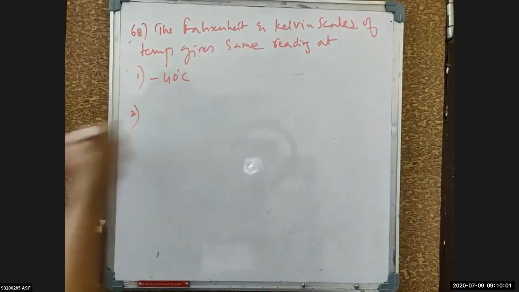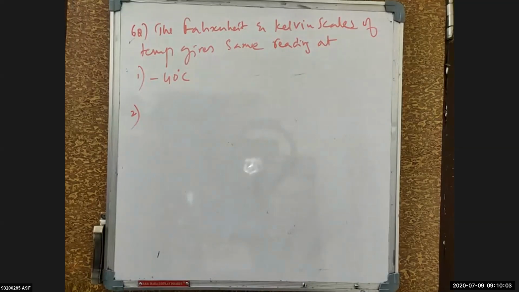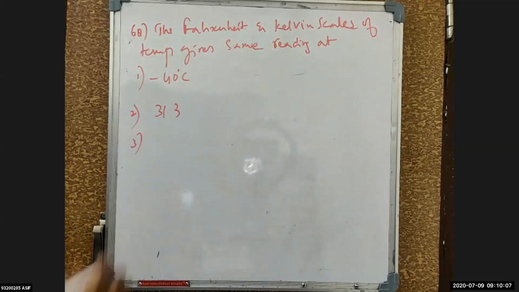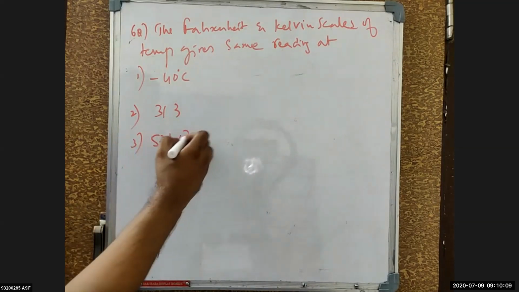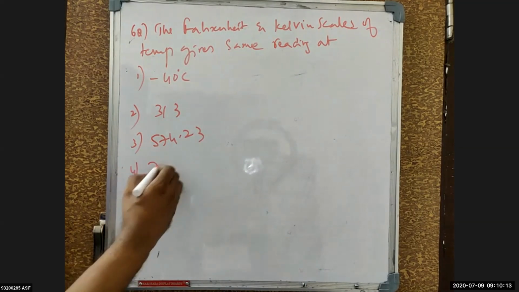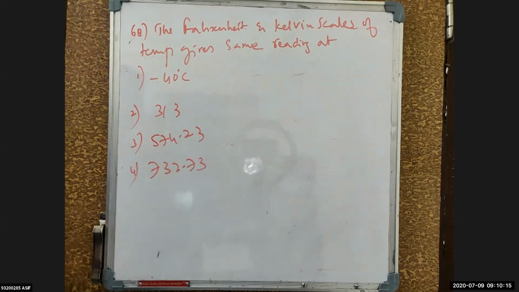Minus 40 degrees centigrade. The second option is 313. The third option is 574.23. And the fourth option is 732.73. The Fahrenheit and Kelvin scales of temperature give the same reading at what temperature?